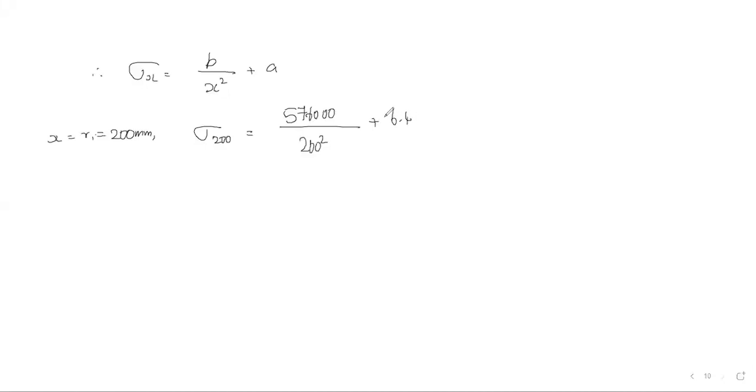So 14.4 plus 6.4 becomes 20.8 Newton per mm square. So sigma R1 is equal to sigma 200 is equal to 20.8 Newton per mm square.